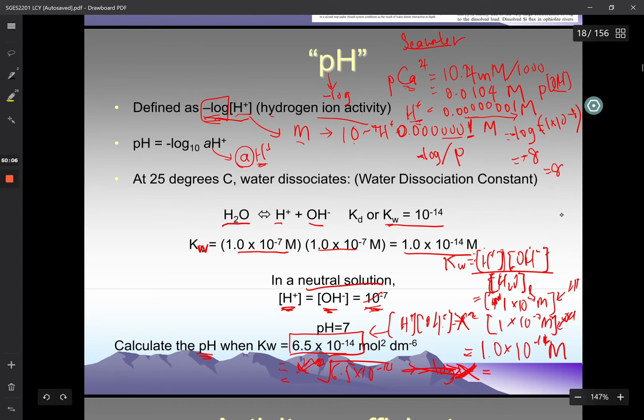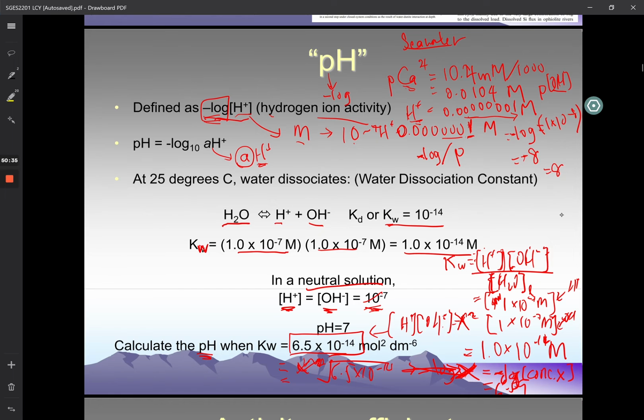When you have the concentration x, you negative log the concentration of the hydrogen ion, so it gives you a pH of 6.59.